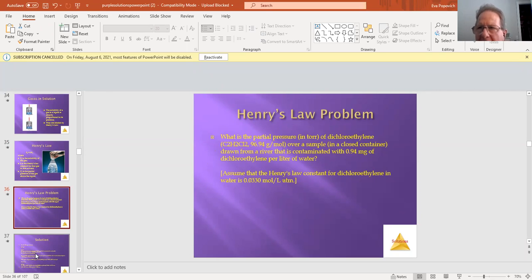Assume that the Henry's law constant for dichloroethylene is 0.0330 moles per liter atmosphere. Somebody make a suggestion, or I'm going to call on somebody.